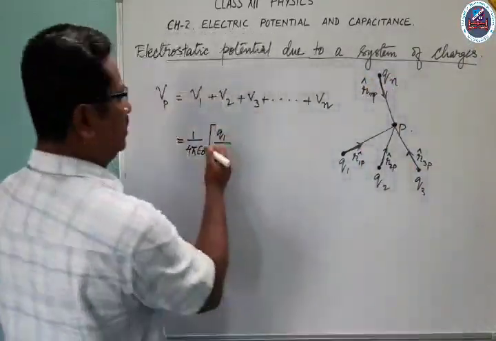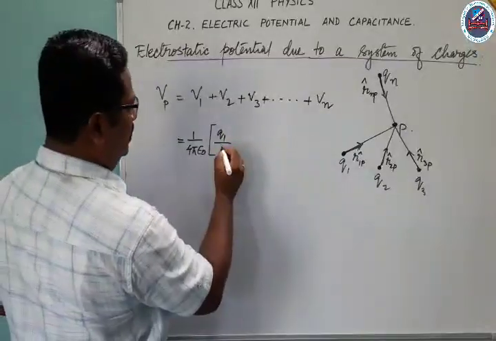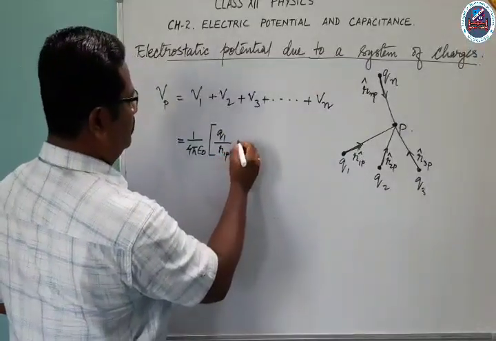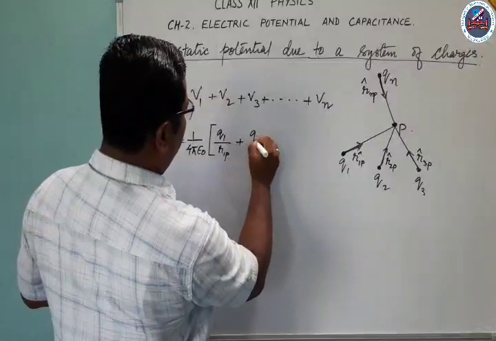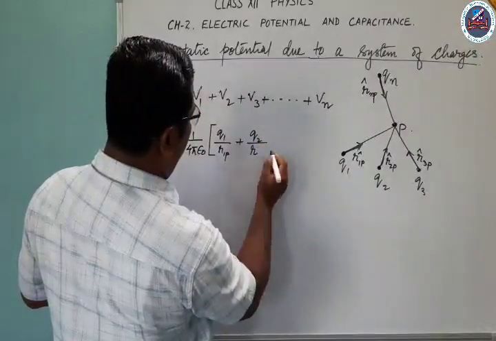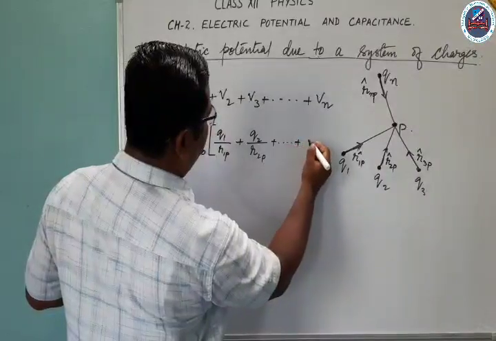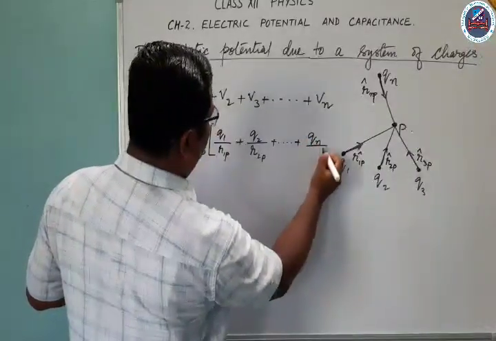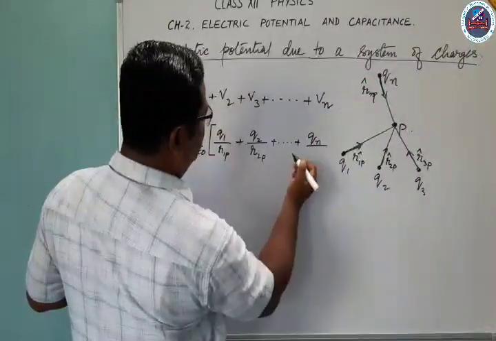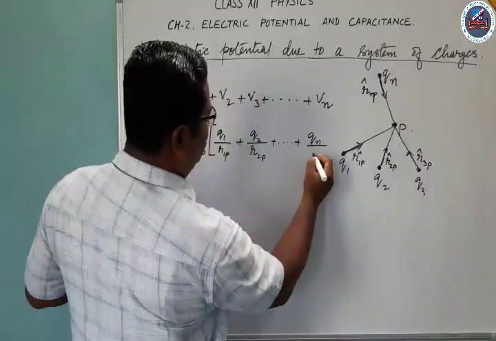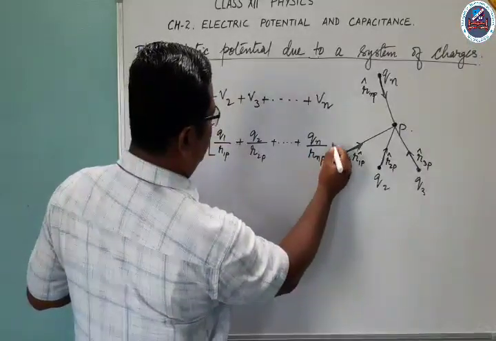Then you can write R1p plus Q2 divided by R2p, plus it will go on up to Qn divided by the charge with nth particle, Qn divided by Rnp.